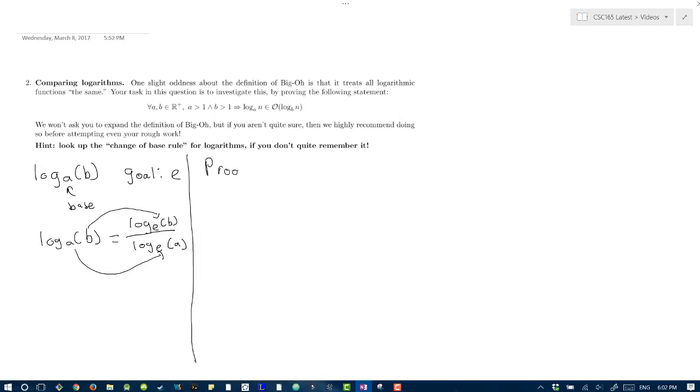So this is what we want to prove. As usual, we look at the structure of this, and so this part here, we just let this be arbitrary.